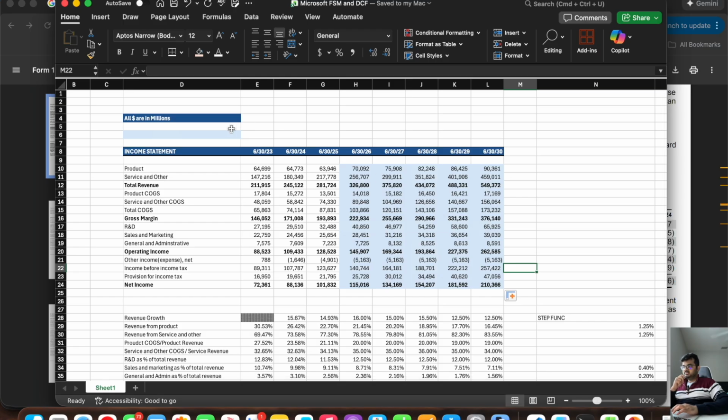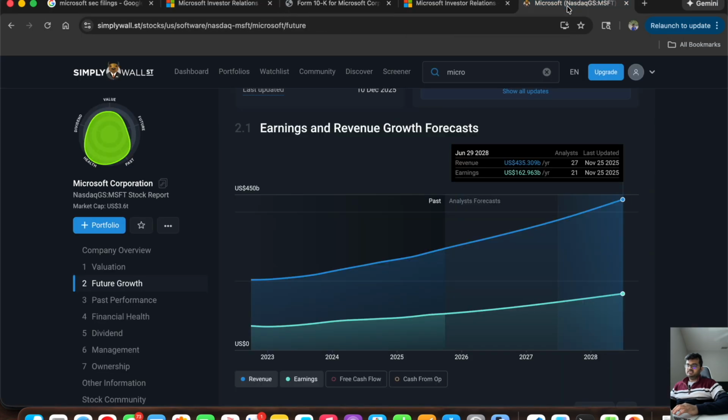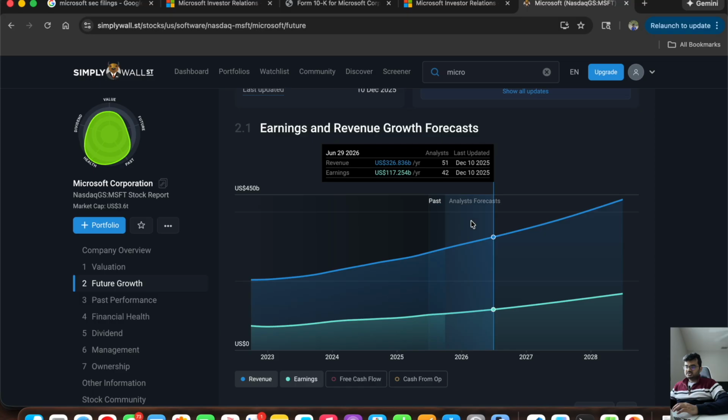So now we did the income statement modeling. With this, we calculated how the income statement for Microsoft will look like for the next 5 years. We have calculated net income will be $115 billion in 2026. Let's try to compare with what the analysts are saying in this simple version.